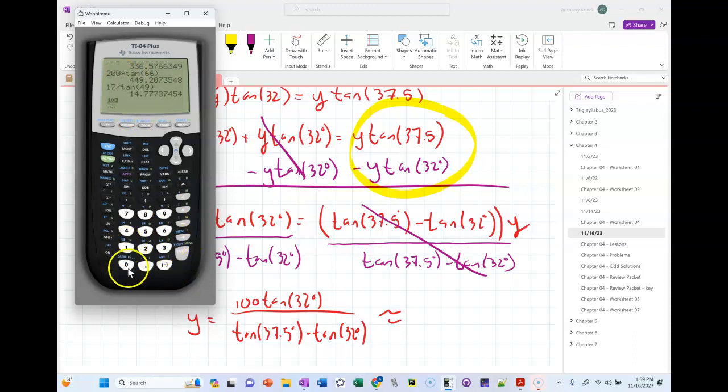So now I can just type this in exactly like it looks on my sheet of paper. Don't need to do anything fancy about it. And that's good because I'm not a fancy guy. Let's keep it simple, right? If it can look just like it is on my sheet of paper on my calculator screen, then I can be pretty confident I typed it into my calculator correctly. So there's my answer, 438.6.